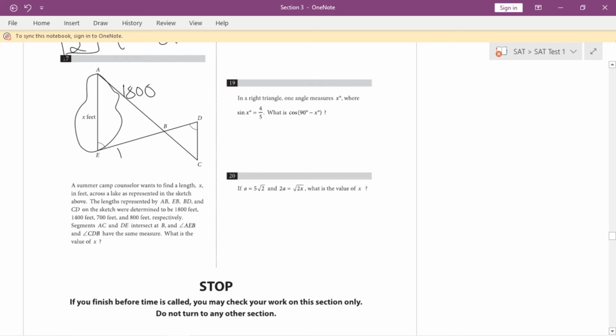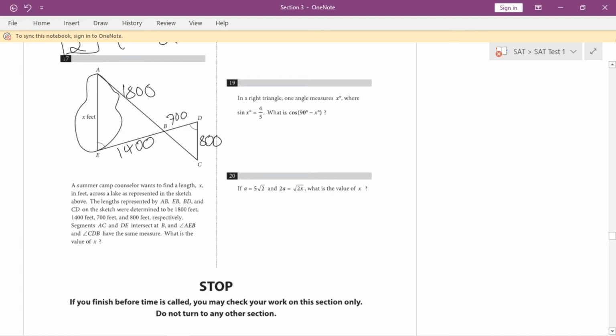EB is 1,400. And they tell me BD is 700. And CD is 800. Segments AC and DE intersect at B, and angles AEB and CDB have the same measure, and they actually write that down for you. What is the value of x?